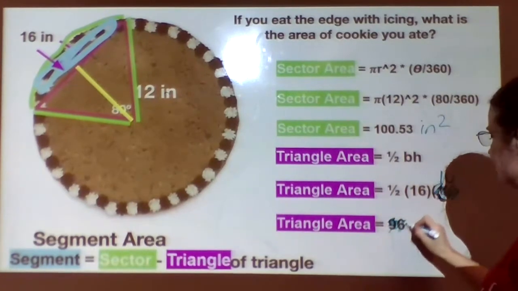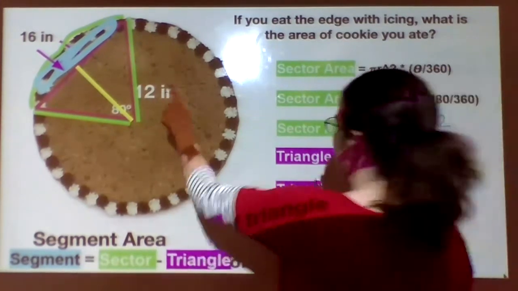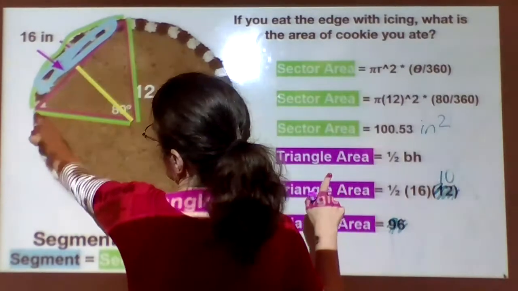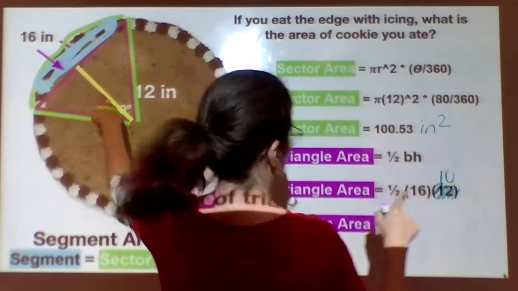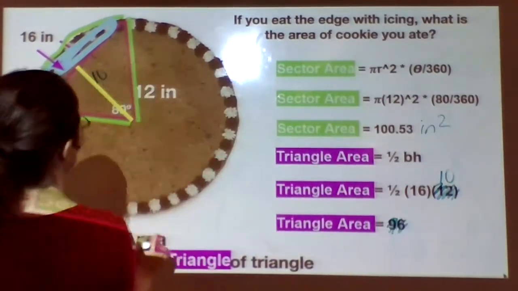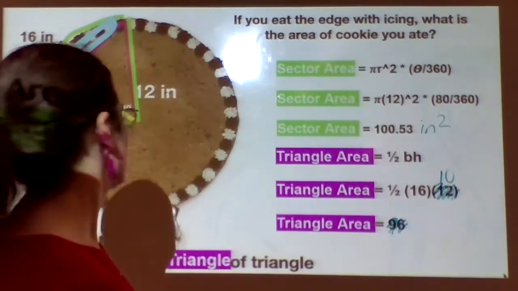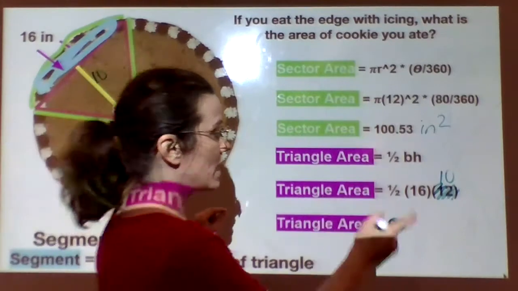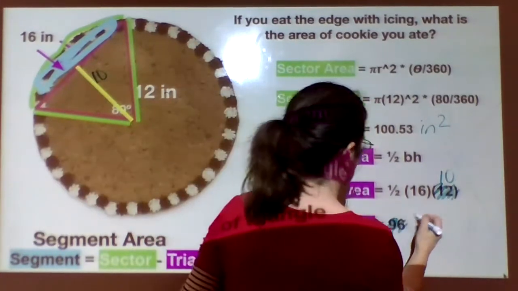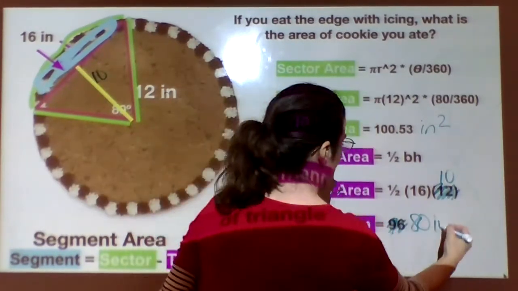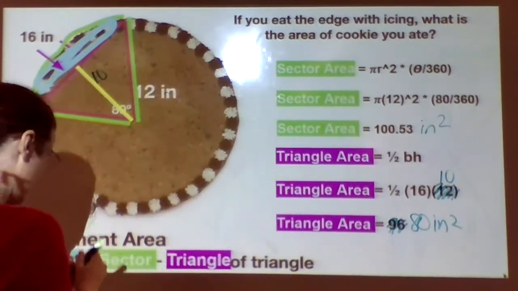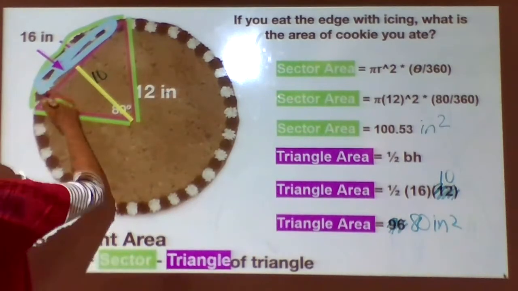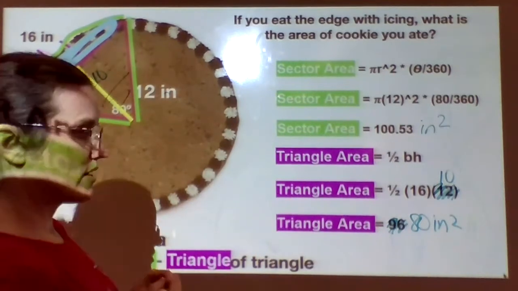And so I'll have my 1/2 times my 16-inch base times my 10-inch height. And that's a little 2-inch piece left behind with some yummy frosting on it. So when I work that out, I'm going to have 80 for my area of this pink part. So this pink part here is going to be 80 square inches.